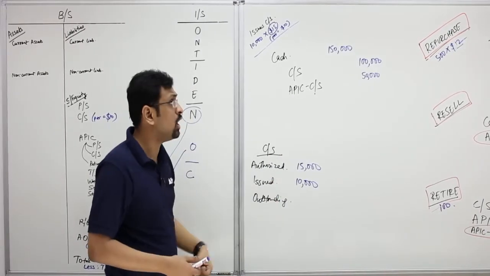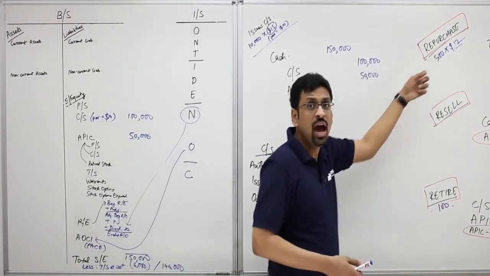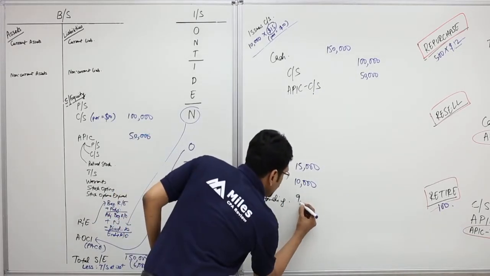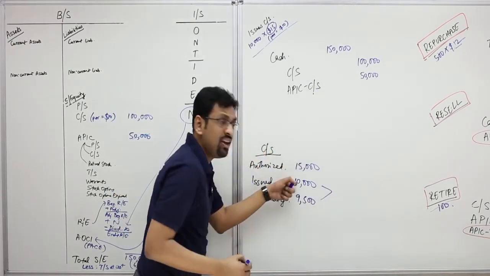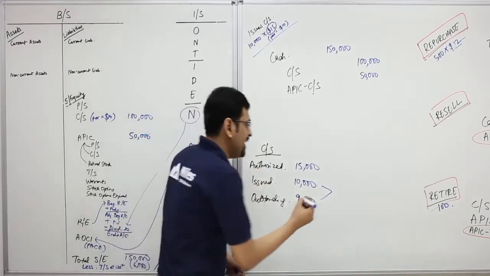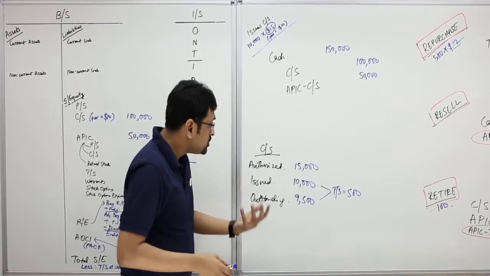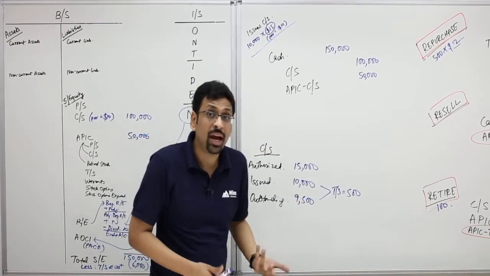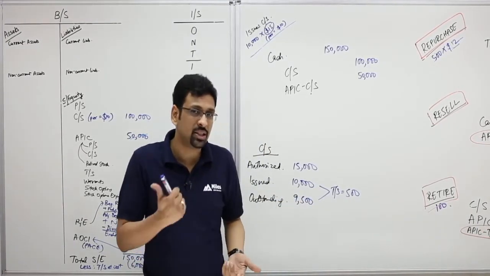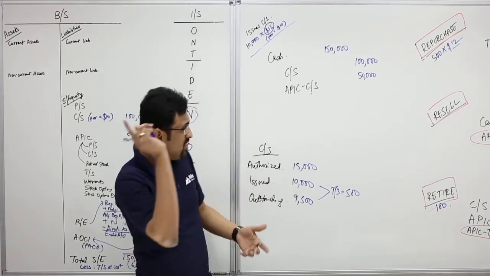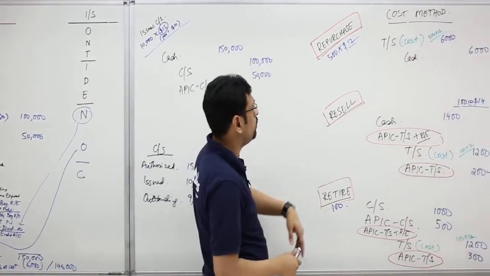So that issued 10,000, bought back 500. Outstanding is 9,500. This 500 difference between issued and outstanding, that's the treasury stock 500. Now this treasury stock the company has could be accounted for using the cost method or the par value method, and that's all I have all over my board around here.